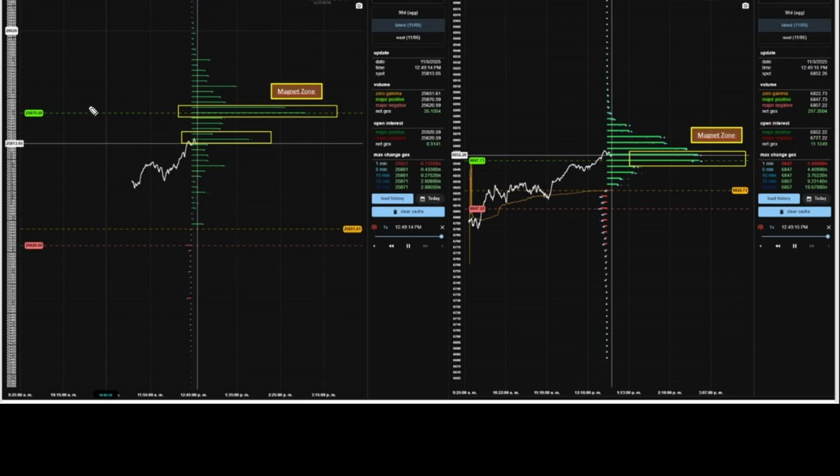That the expectation for the day is that the price will try to go in the direction of the max GEX level in the regime. In this case, the regime was positive and we want to go to the VIX level here because these are the magnet zone.